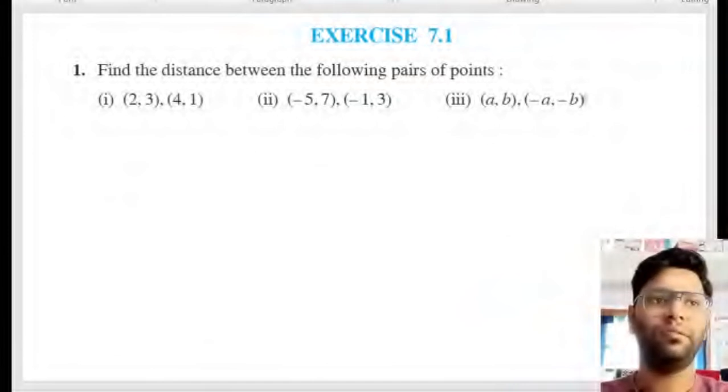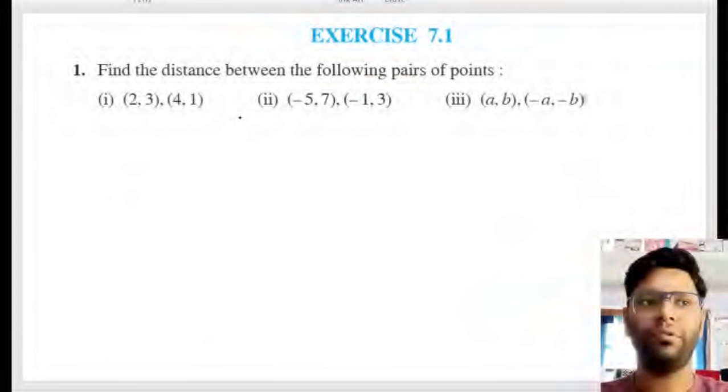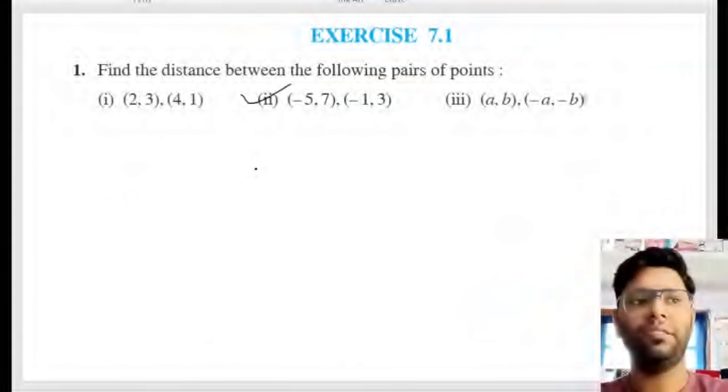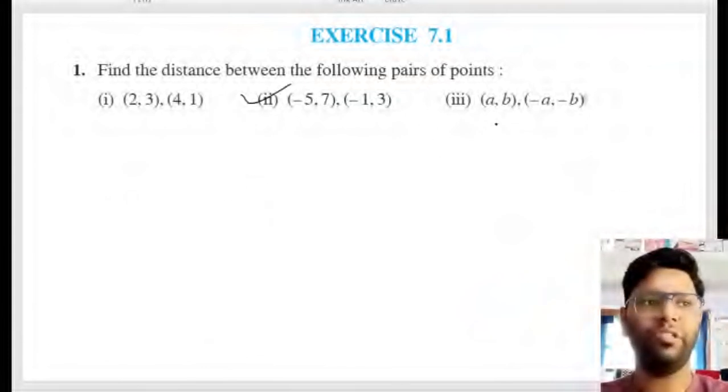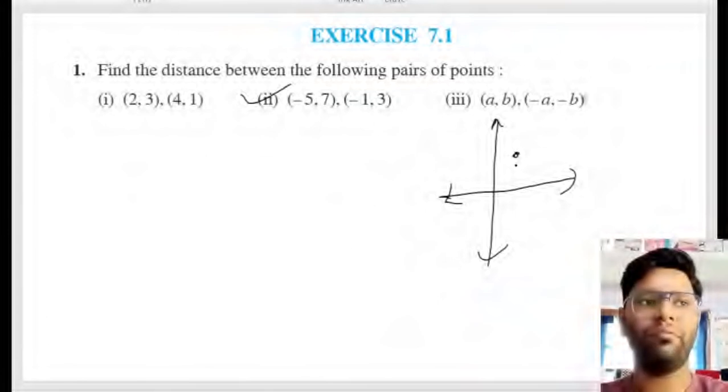Okay students, now we'll see question number 2, how to calculate the distance between these two points. Let us first visualize it with the help of the x-axis and y-axis. I have drawn a rough diagram for the point (minus 5, 7) and the other point (minus 1, 3).